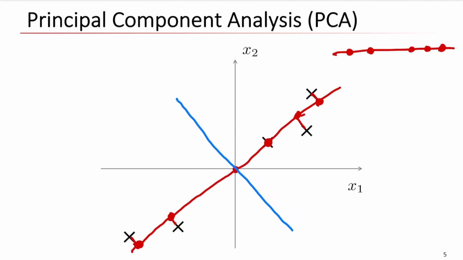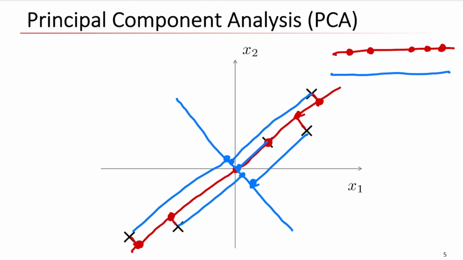These points project here, here, here, here, here. So they are all projected to here. So when we read the blue line, the data points are here, right? So which one is better?